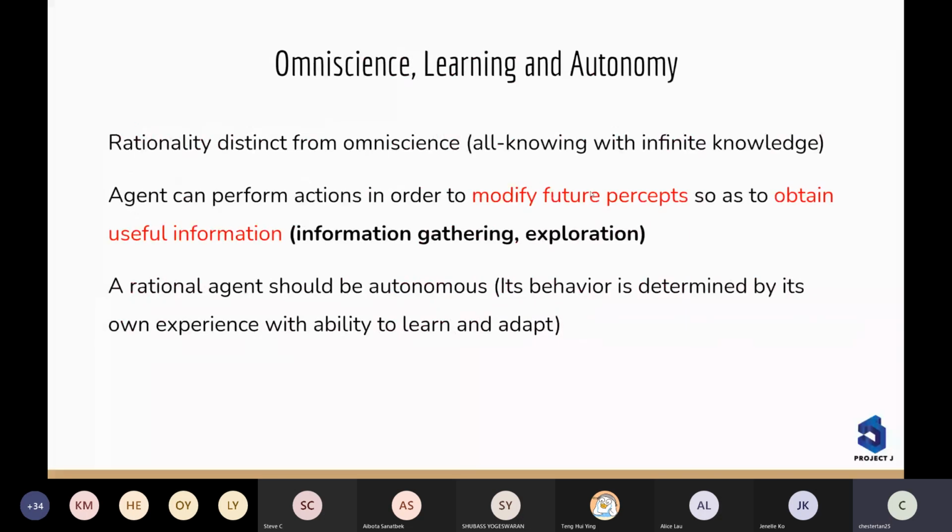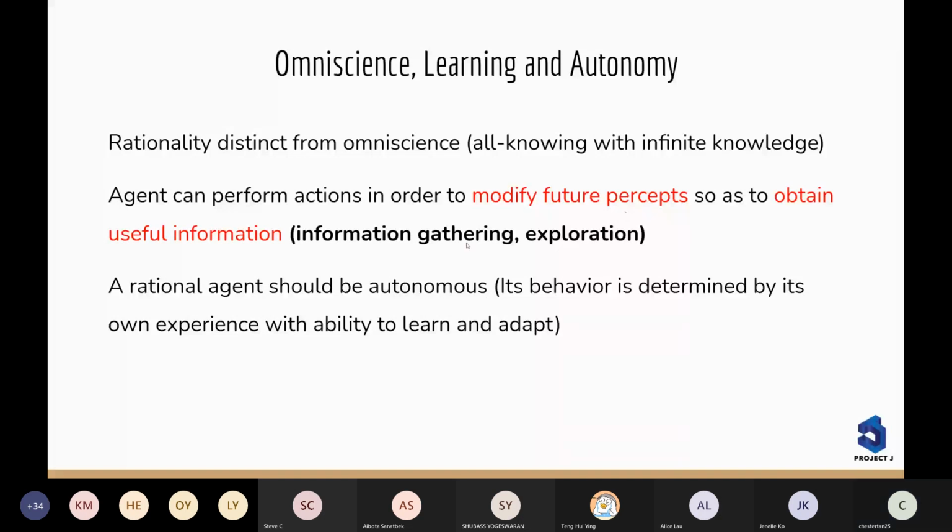And you can see this is a definition of omniscience. And yes, rationality is distinct from omniscience. It's two different things because it's impossible to achieve that. And also, the agent can perform an action in order to modify the future percepts so as to obtain useful information.